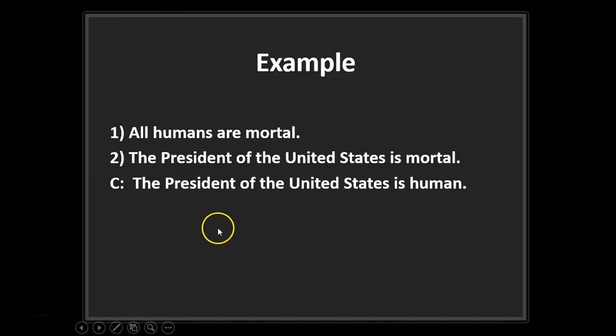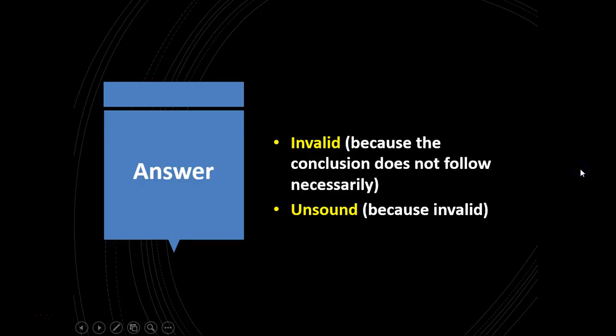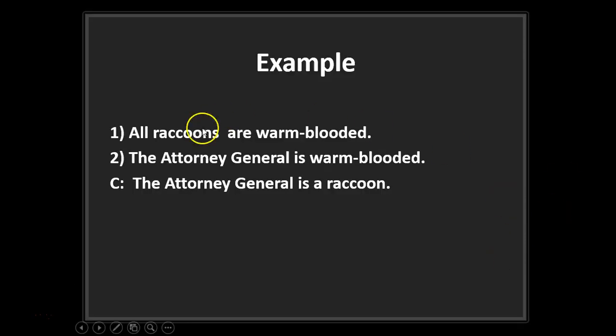So this is a weird example because you've got true premises and a true conclusion, but the logic's bad. Okay? So I've got another example right afterwards that follows the same form. But again, this argument is invalid because the conclusion doesn't follow necessarily, and that makes it unsound automatically because it's invalid.